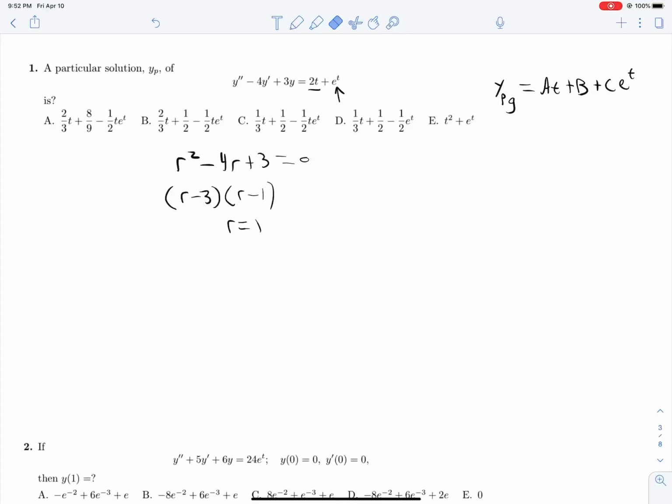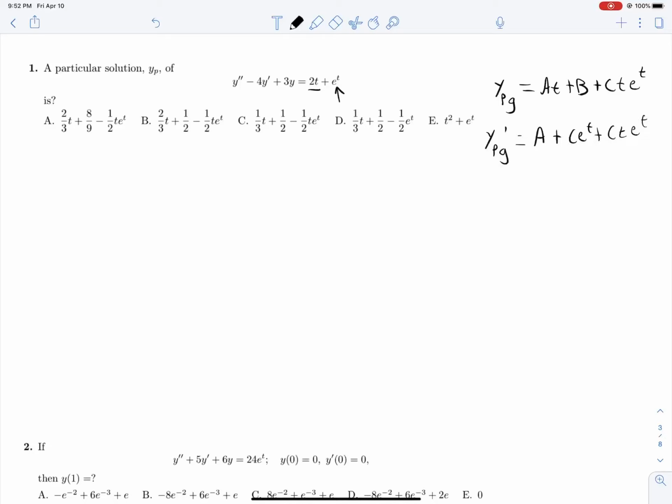So we are going to need to multiply this c times e to the t by a t. So we have ct e to the t. There's our guess there. And we're going to also need ypg prime. That will be a plus c e to the t plus ct e to the t.